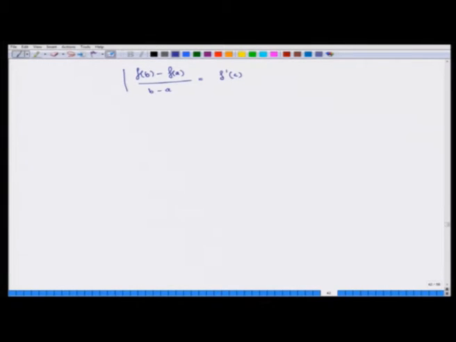Let me take the modulus of this quantity. This implies mod of f b minus f a is equal to mod of f dash c into mod of b minus a.